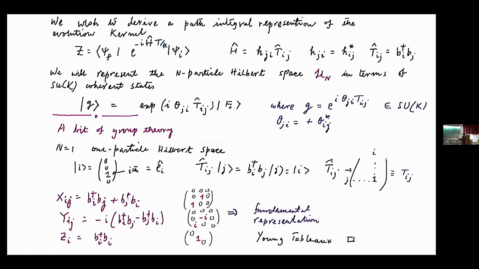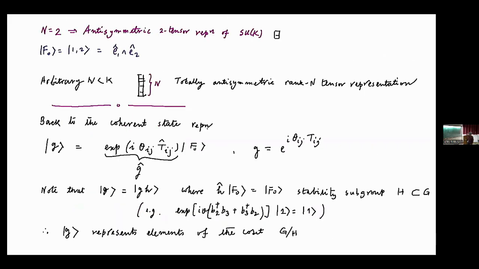It just has 1 in the (i,j) position and 0 everywhere else. So that's my T_ij. This is the group element, and corresponding to the group element, I have constructed this state, which is a group coherent state.